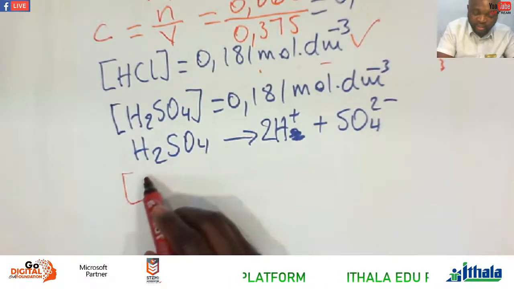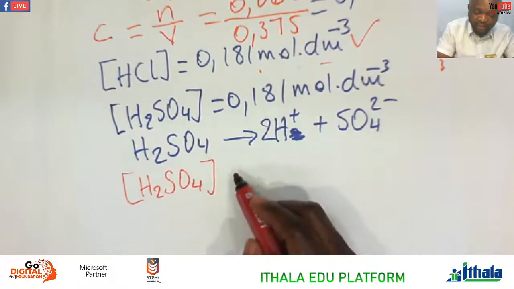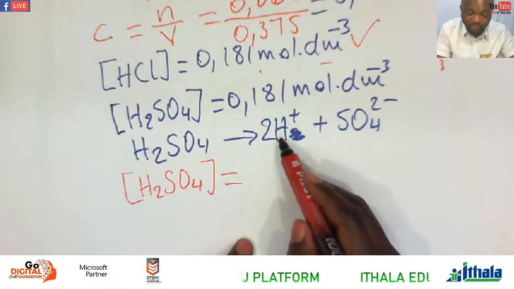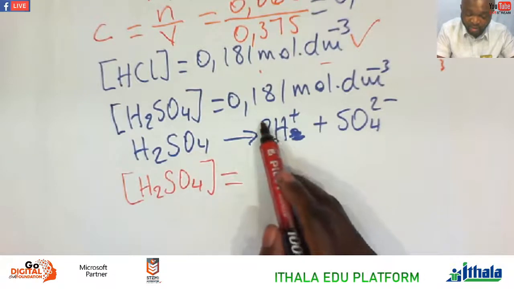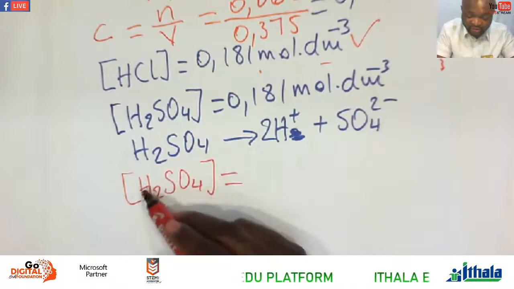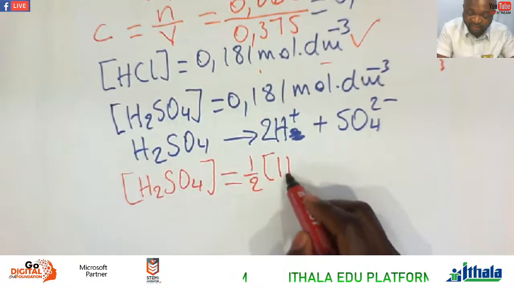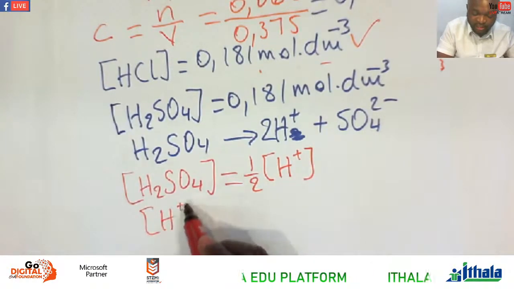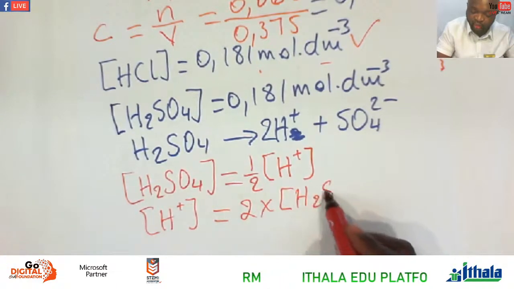Njengoba sitholo I concentration ka H2SO4, right? Masiqhathanisa ne concentration ka H+, we simply mean that a concentration ka H2SO4 is half ngoba sino 2 ngala sino 1 ngala. So this simply means that i-concentration ka H2SO4 it's just half i-concentration ka H plus. Noma singathini i-concentration ka H plus is twice i-concentration ka H2SO4.